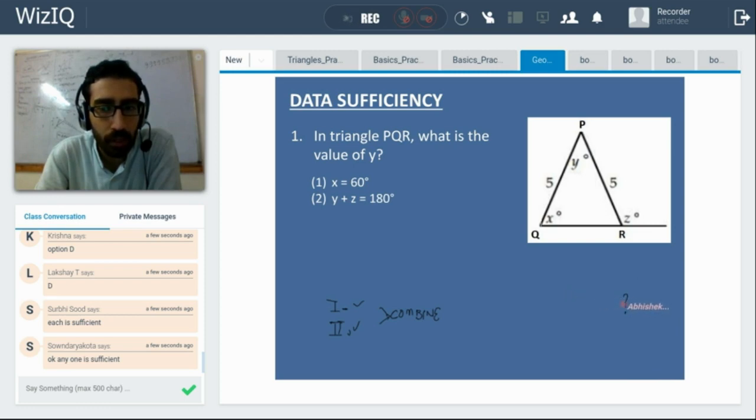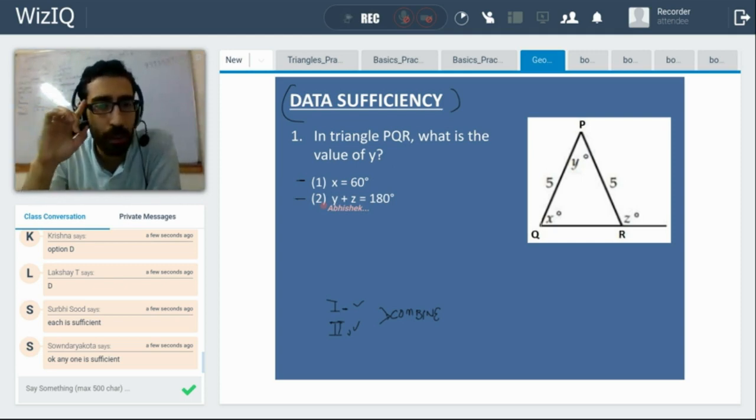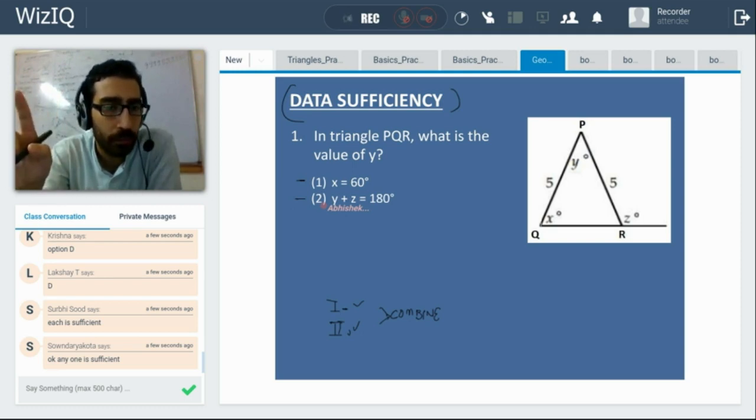One of the challenges of data sufficiency is that until you read statement one, it's fine. Most people don't make a mistake till the point they've read statement one. But once you've solved using statement one, a lot of you make this mistake: while reading statement two, there's a memory trace of statement one, and you tend to assume statement one as factual information given in the question, which it is not.